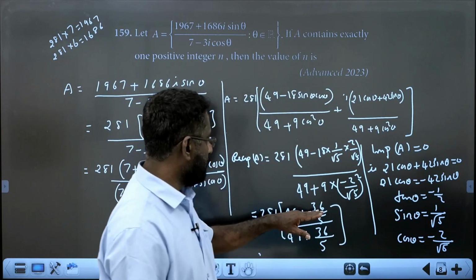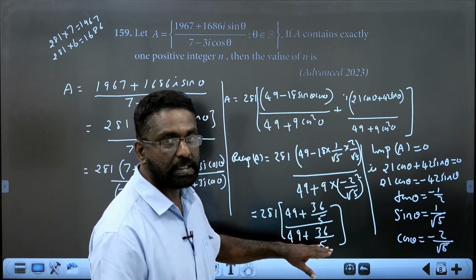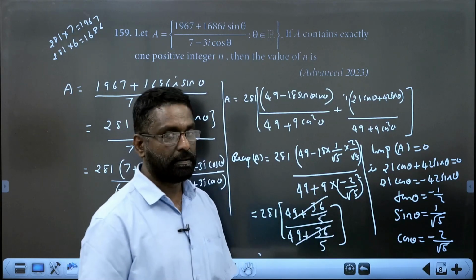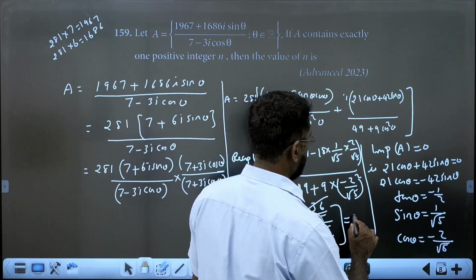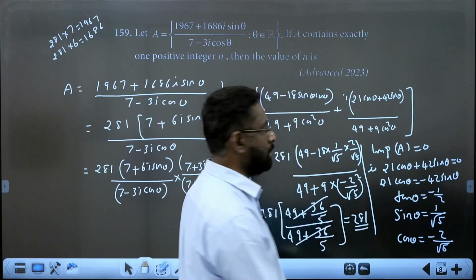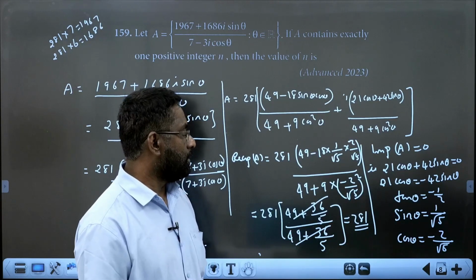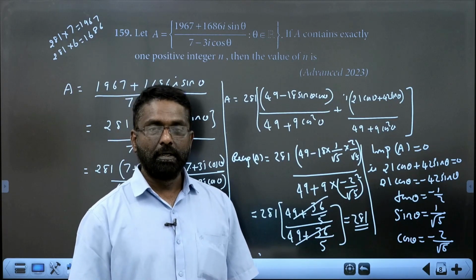Now the numerator and denominator are the same, so we can cancel directly. So this is equal to 281. This is the answer.